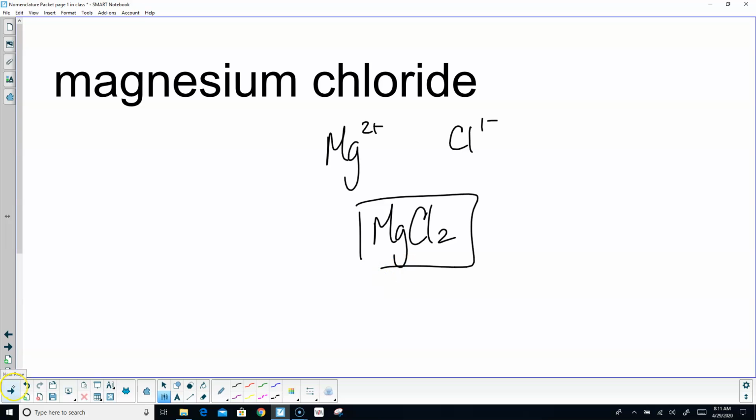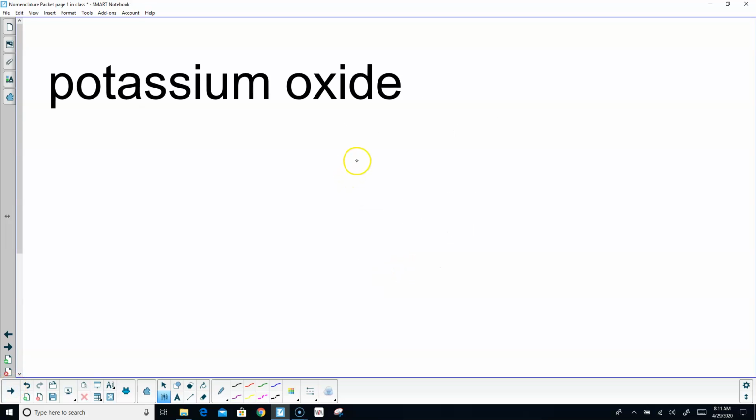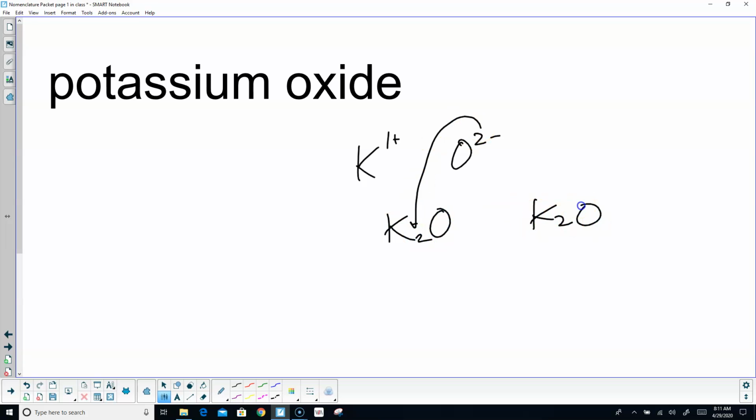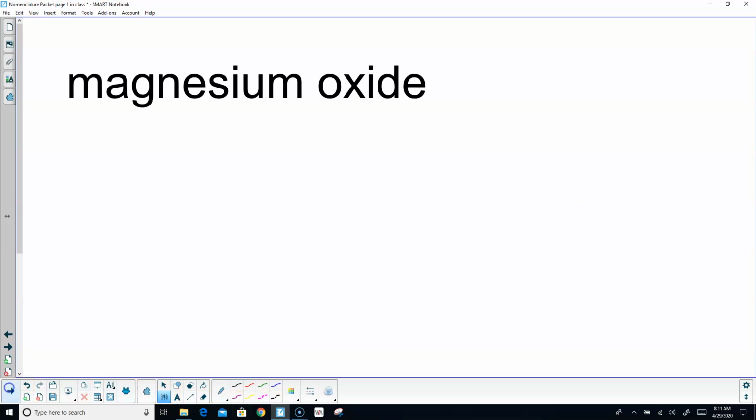MgCl2. Potassium oxide. Potassium is 1 plus. Oxygen is always 2 minus. 2 goes down here, so it's K2O. Magnesium oxide, you have magnesium, which is 2 plus. Oxygen, which is 2 minus, equal and opposite, they cancel. It's just MgO.